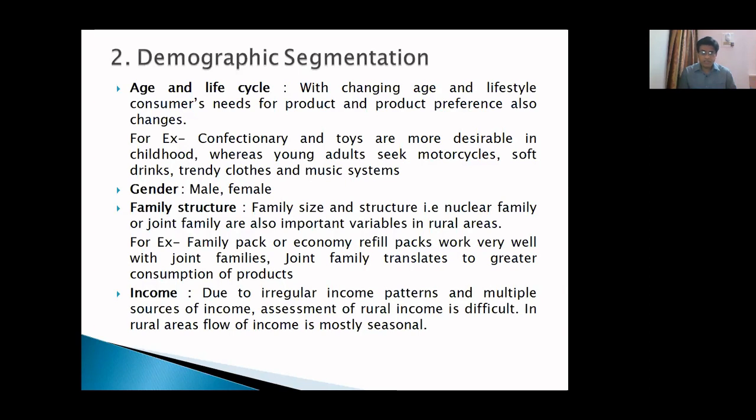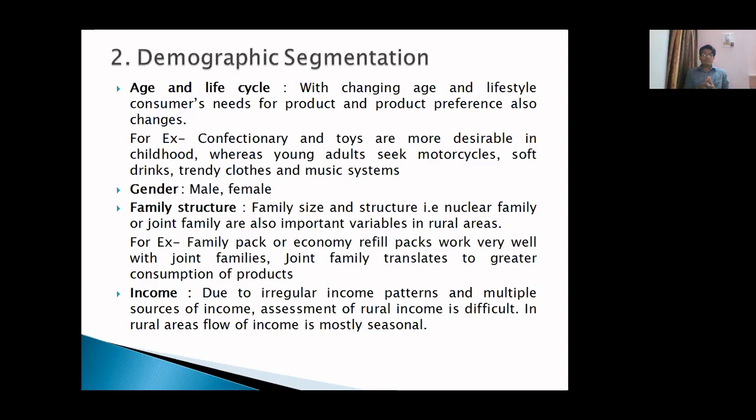Now this face cream is different for male and female today. There was a time when it was Fair and Lovely that was sold, same product was sold to male as well as female.